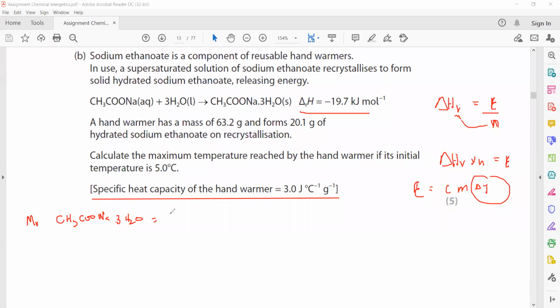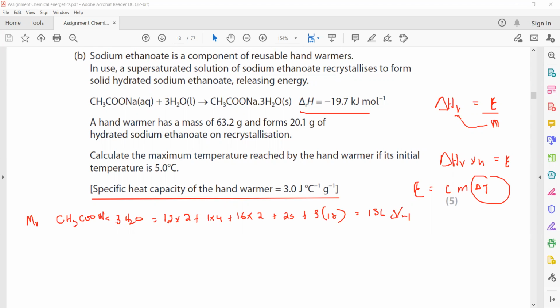So carbon is 12 multiplied by 2, hydrogen 1 multiplied by 4, plus oxygen 16 multiplied by 2, plus sodium 23, and plus the 3 water molecules, each water molecule is 18, so this will be 3 multiplied by 18. The sum will come out as 136 grams per mole, so each mole will have this much mass.